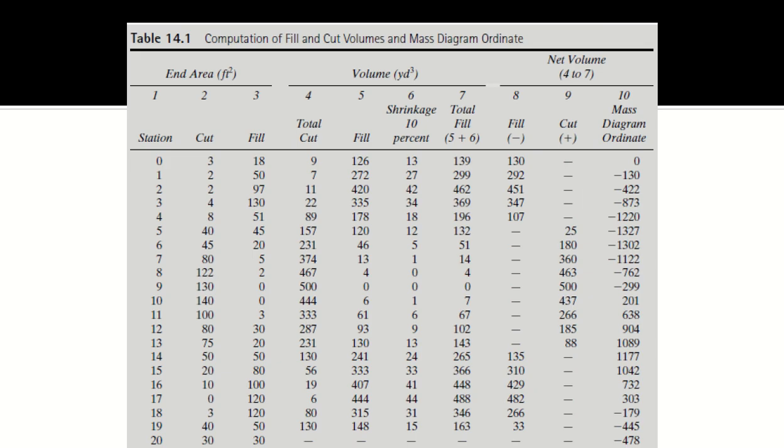Or if you write y minus y1 over y2 minus y1, no problem, just do x minus x1. Whatever you are doing here should be there as well. That is the whole point. X1 is 9, x2 is 10. Keep in mind 9 and 10 are the stations.